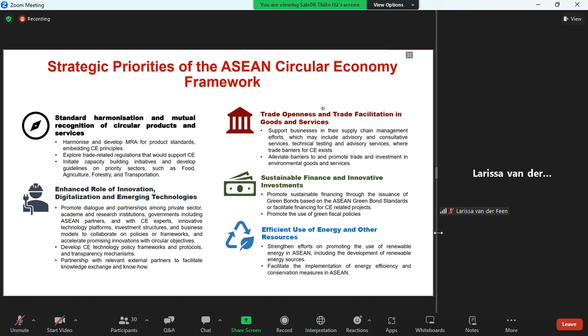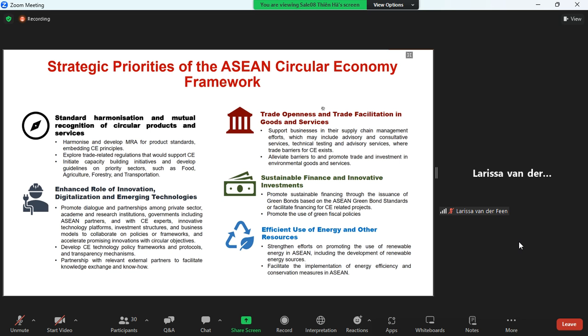One is the resilient economy. The second one is resource efficiency. And the third one is sustainable and inclusive growth. Based on those 3 goals, ASEAN's framework identified the 5 strategic priorities.